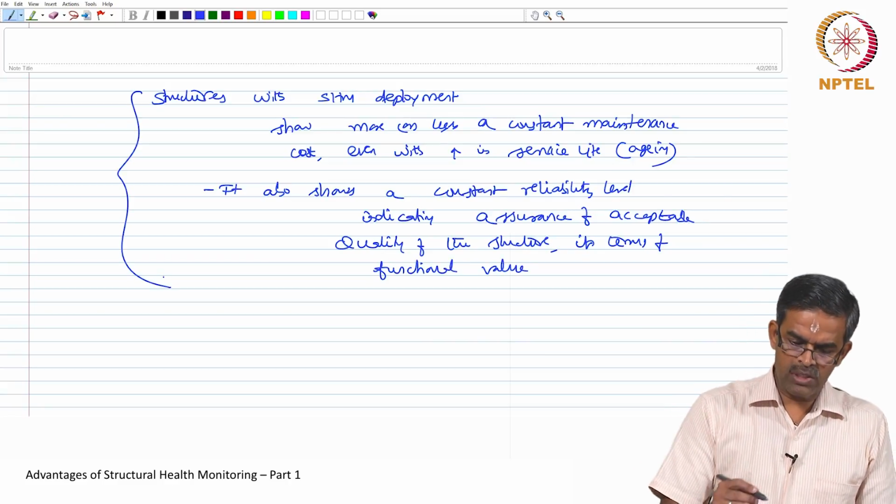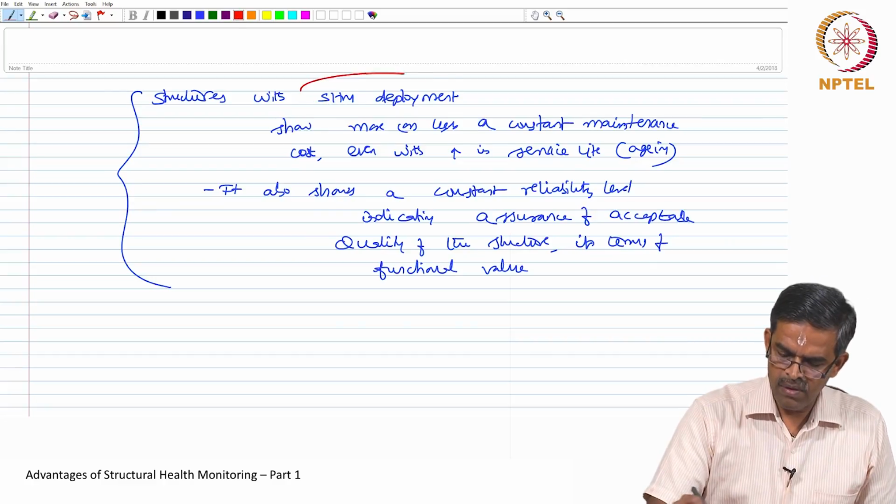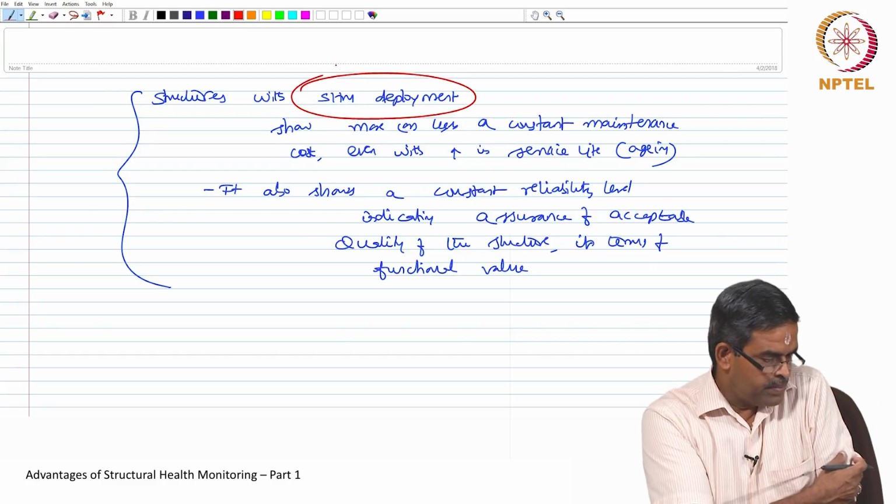Both these are possible if you have a structural system with SHM deployment.